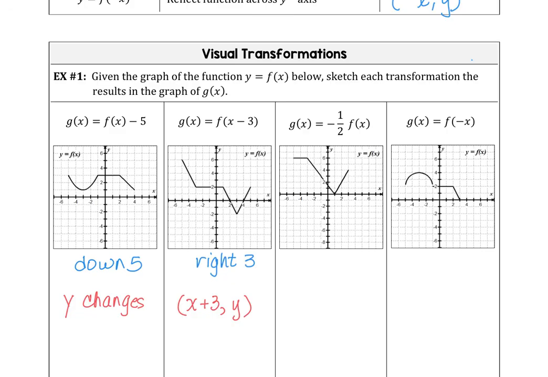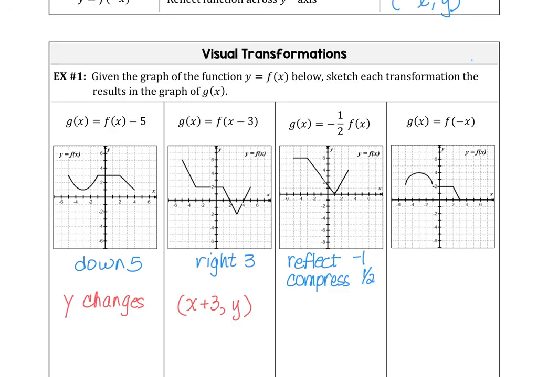In the third example, we're going to do 2 things. This one has a negative in front of the 1/2 factor, so the negative would reflect our graph, and the 1/2 factor would compress the graph. So the reflection is -a, that's across the x-axis, -1, and the 1/2 compresses the graph and changes the y value.